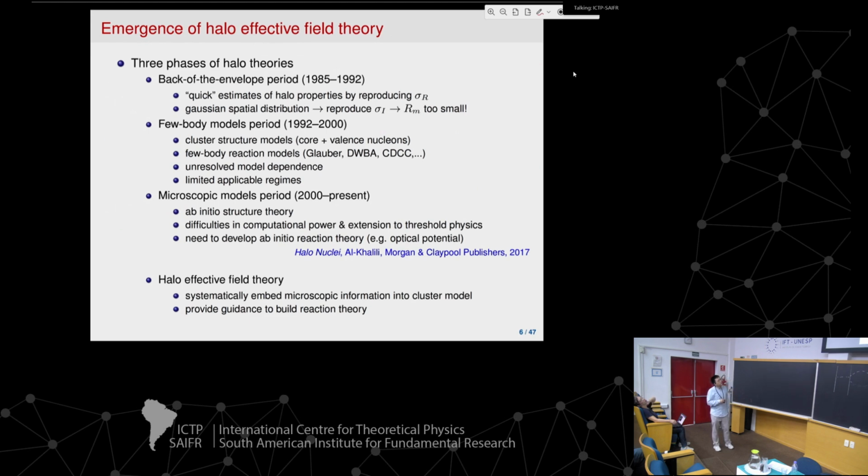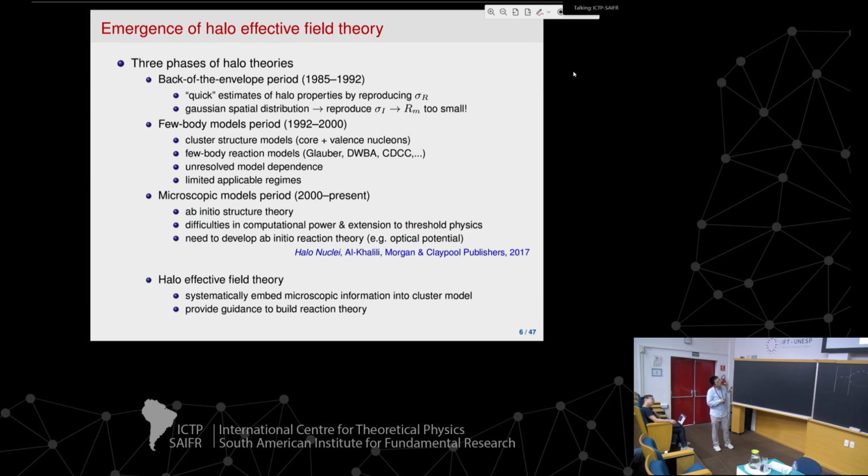And from 2000 until now, people use microscopic methods to describe those halo systems. This is ab initio structure theory. You have microscopic nucleon-nucleon interactions and three-nucleon interactions with many-body quantum methods to calculate the properties of those halo nuclei.